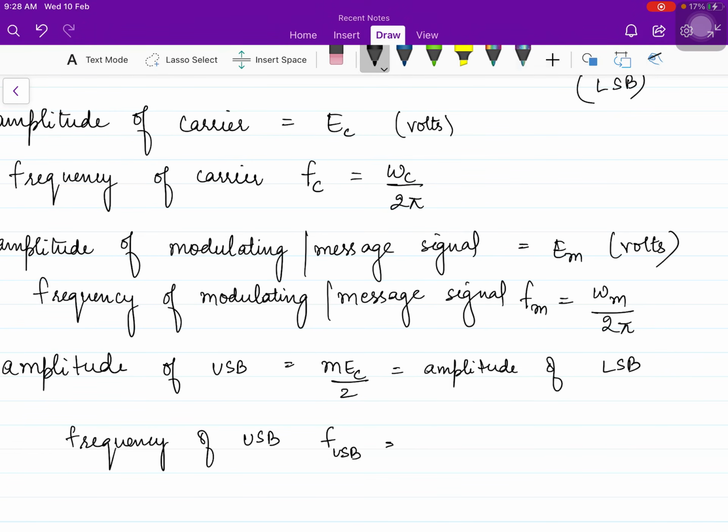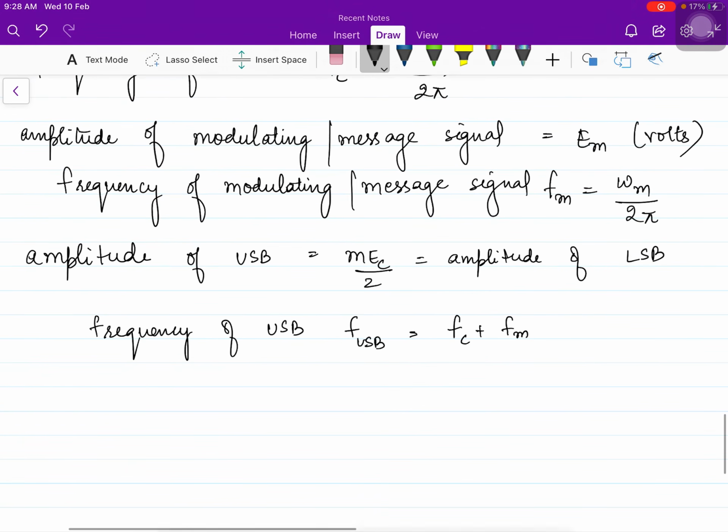But as you have already calculated ωc/2π and ωm/2π, which are Fc and Fm, you can say Fc + Fm. And similarly, the frequency of the lower sideband will be given by Fc − Fm. So these are some important formulas that we should remember.